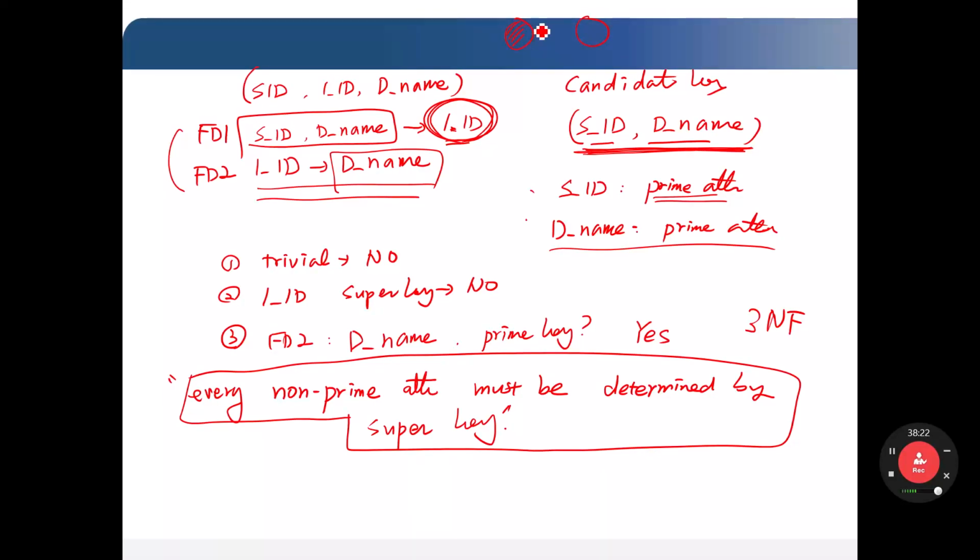Suppose this is a very meaningful attribute, and if you add one additional meaningful attribute, they become a primary key. Let's assume that. Since this is a meaningful attribute, some other attribute may determine it.